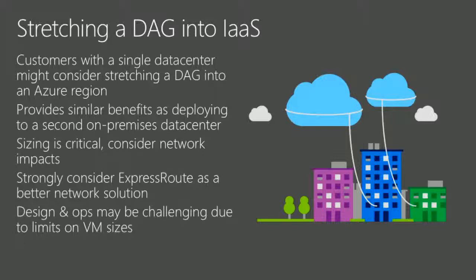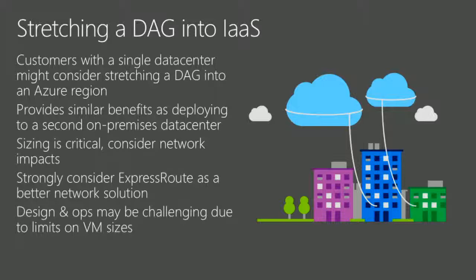But keep in mind that in order to make this work, you need some very specific requirements around network bandwidth and latency between both sites. In order to get this to work, you're also likely going to be deploying a second site in Azure to be that third site for automatic failover, right? That can be hard to configure depending on how you're actually going to set up the connectivity between your on-premises deployment and Azure. And whether or not you use ExpressRoute in particular will come into play here.